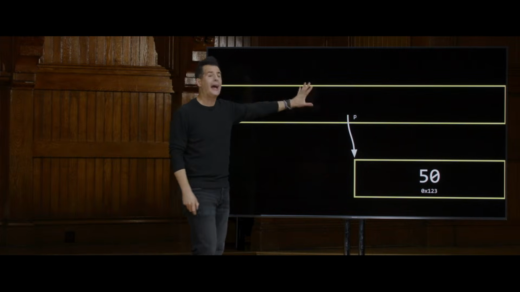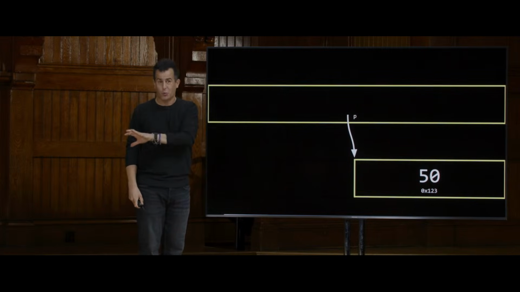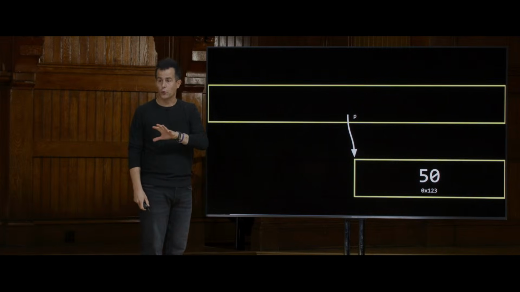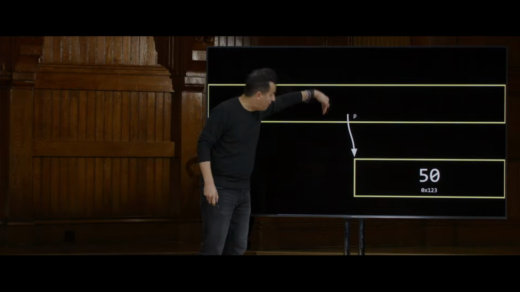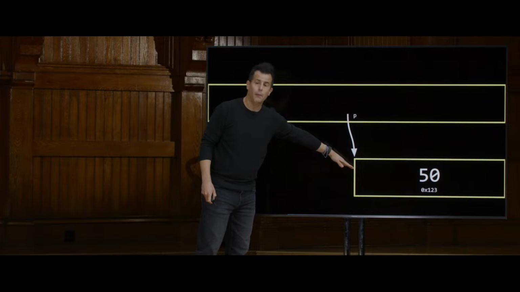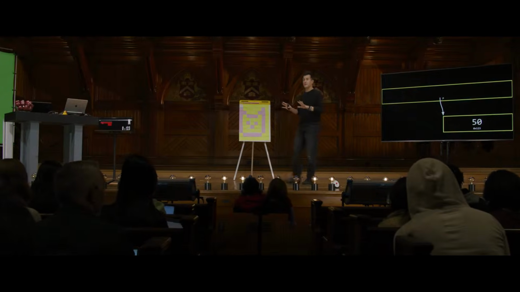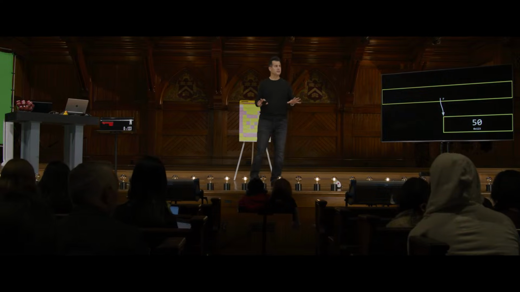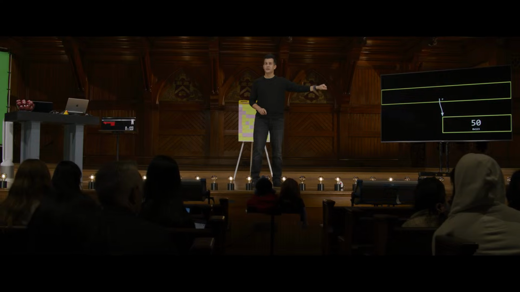So we generally abstract the specific address away and literally represent pointers with arrows on the screen or on the whiteboard or the like. This just means that p is a variable that points to the number 50 in memory. Okay, questions on this mental model for what a pointer is? It's a pointer in very much the literal sense.